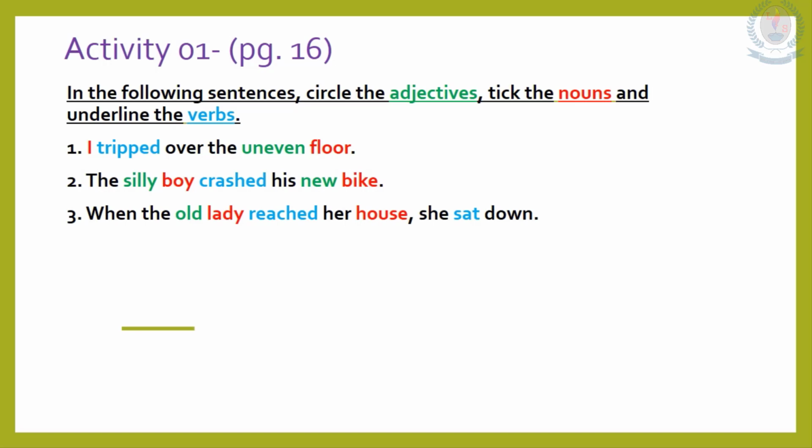Number 4. We saw wild horses at the forest. We is a noun, horses is a noun, and forest is a noun. So 3 nouns in this sentence. Wild is your adjective and saw is your verb. Can you do the last 2 sentences as well?